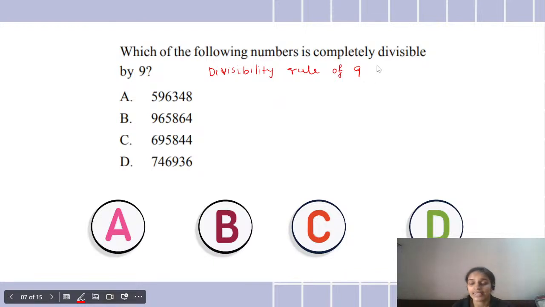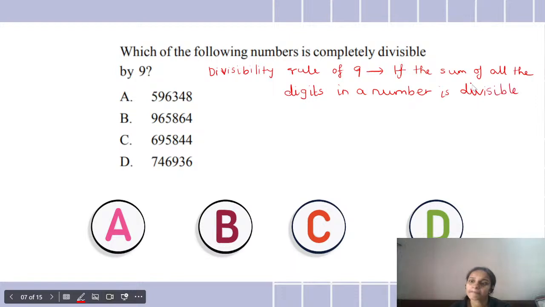Now, what is the divisibility rule of 9? First, let's understand that. It says, if the sum of all the digits in a number is divisible by 9, then the number is divisible by 9.